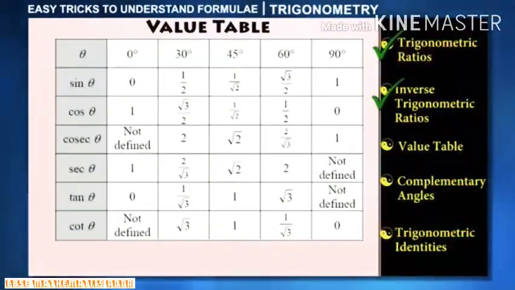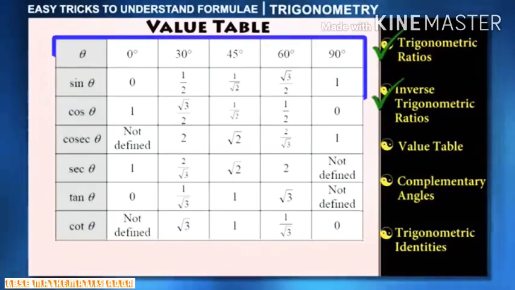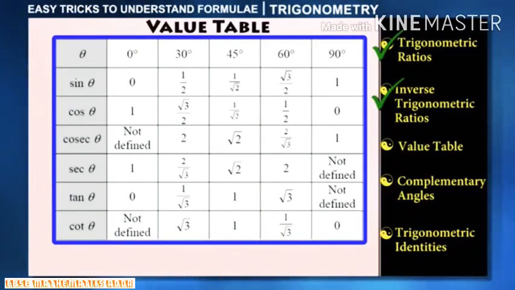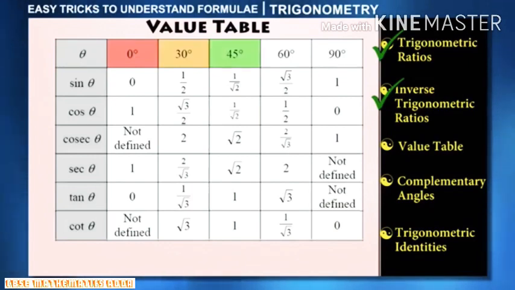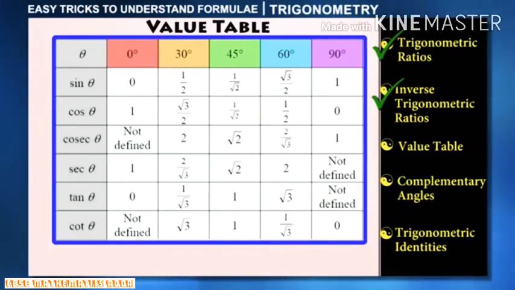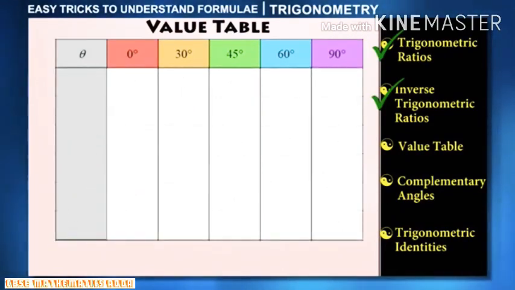So we are going to see a small trick to remember this value table for standard angles 0, 30, 45, 60 and 90 degrees. These values are very important and we often use them in solving trigonometric questions. To build this entire table, we first write down the numbers from 0 to 4 below these angles.